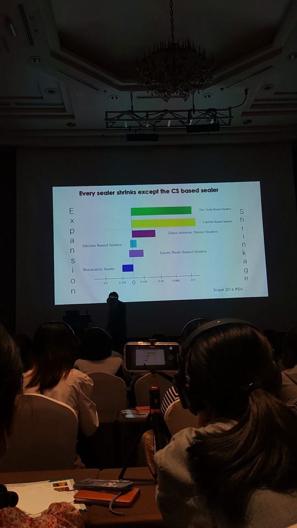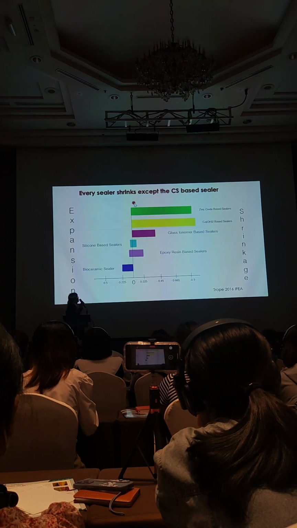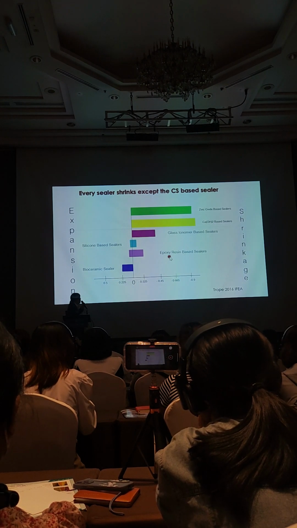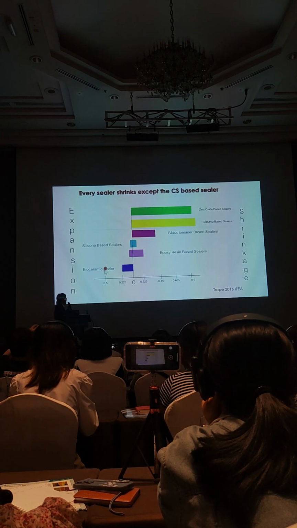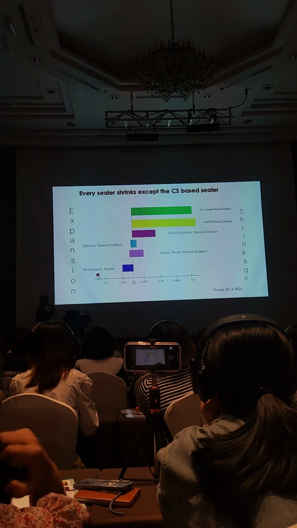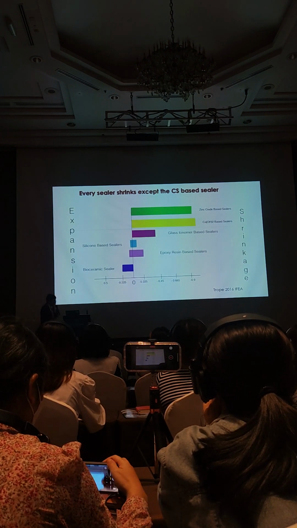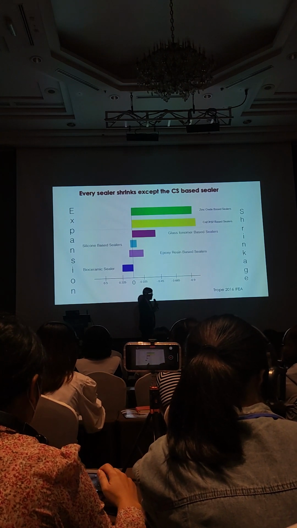So why is there no bonding? If you use a zinc oxide eugenol-based sealer, you will have shrinkage. Glass ionomer, you will see shrinkage. Of course, if you use a resin-based sealer, they will shrink. However, if you look at bioceramic sealer, they will expand instead of shrinking, and they will bond to dentin.